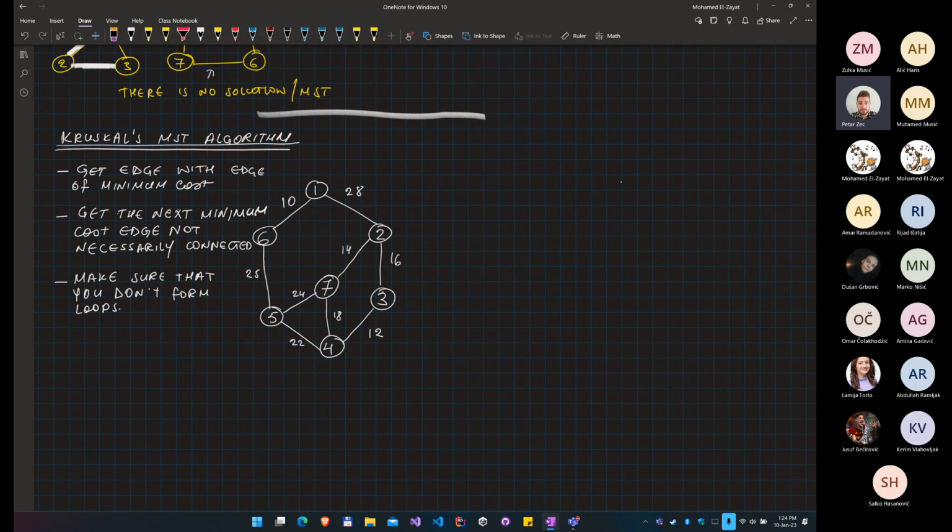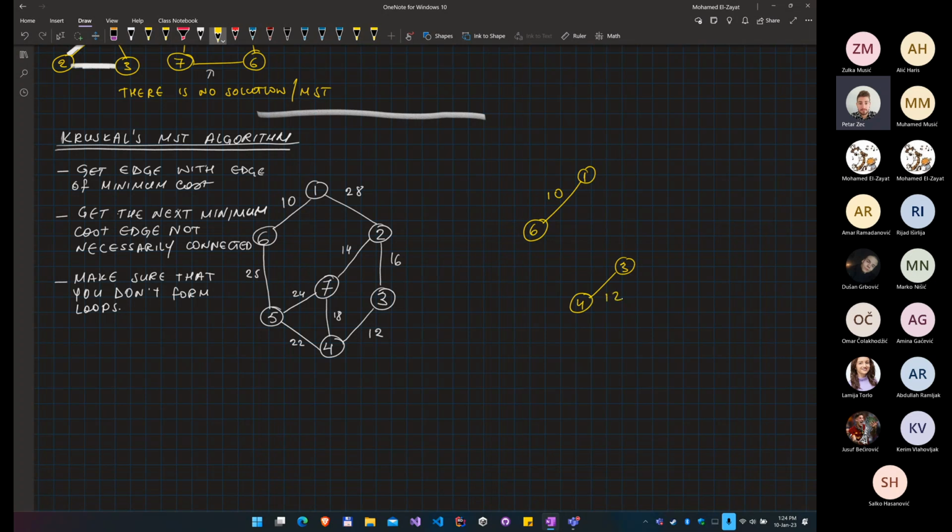So for this solution, we're going to have 1 and 6. So this is the edge with cost 10. Now the question is, what is the next smallest? The next smallest in this whole set is 12. So you're going to have here 3, 4. So this is 12.